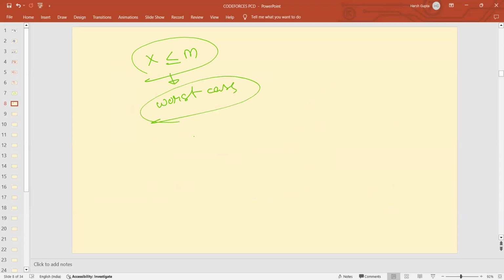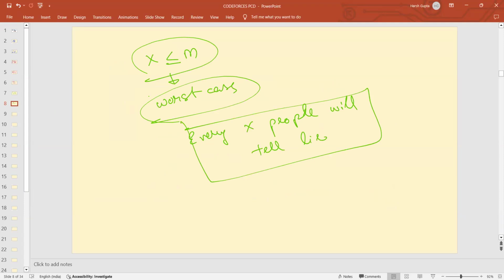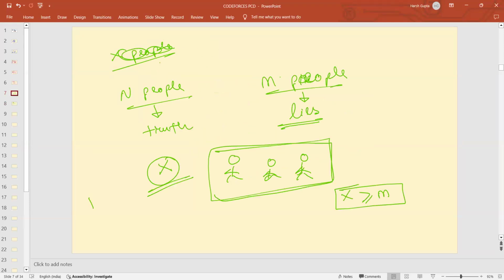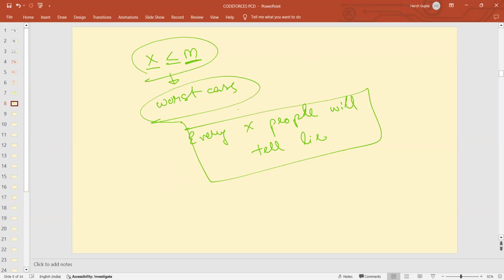The worst case is that every one of the X people will tell a lie. If you are choosing X people at random and X is less than or equal to M, in the worst case it is possible that you chose these X people from this set of M people only. So it's always possible that all these X persons tell you a lie.